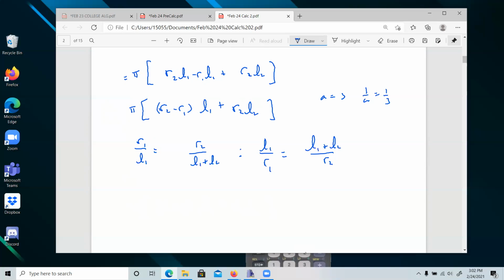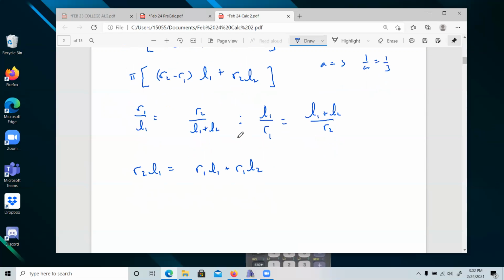All right, and now we're just going to perform a little algebraic magic here. We're going to say, well, this is R2L1 is equal to, right, cross multiplying. So this is just going to be R1L1 plus R1L2. All right. So what else can we say about this? We can pull this over the other side.